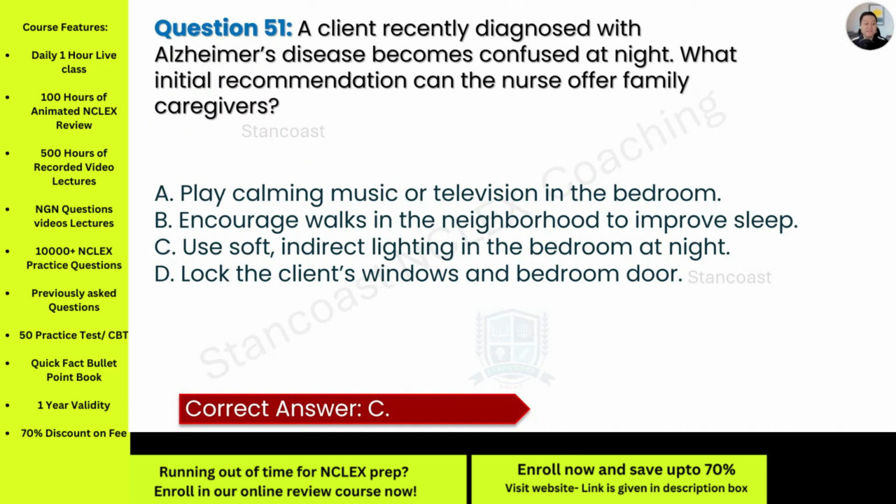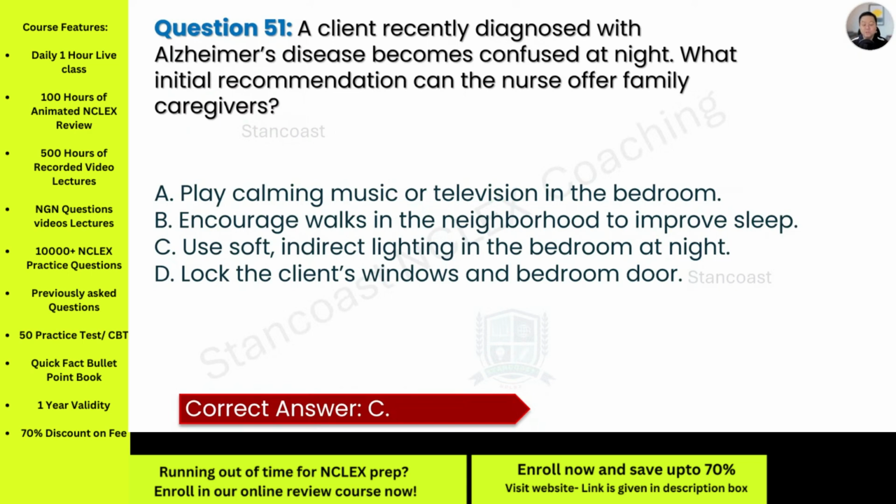Now, letter D is another incorrect option because securing the environment, we know that this is an important step, right, to ensure their safety, especially to prevent wandering. But locking the client in their room can create feelings of fear and also entrapment. It will not help with reorientation, or it will not help reduce the confusion, which is the primary issue in this scenario.